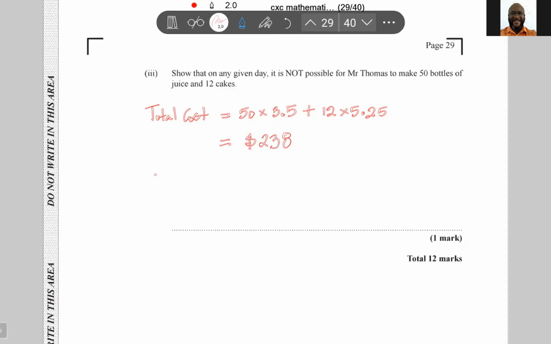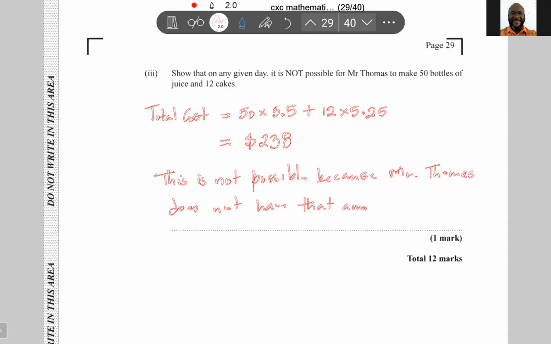So this is not possible because Mr. Thomas does not have that amount of money.